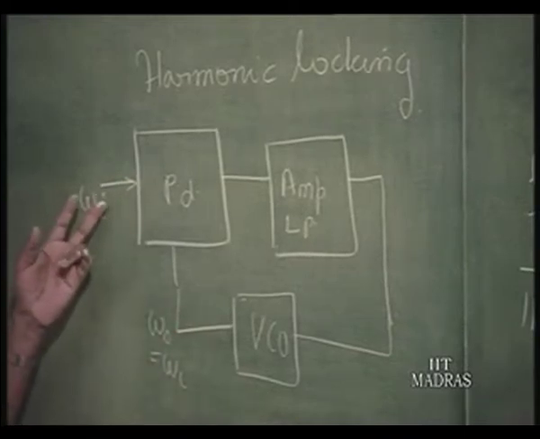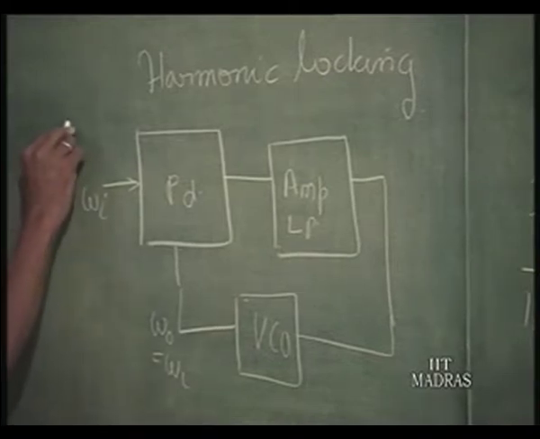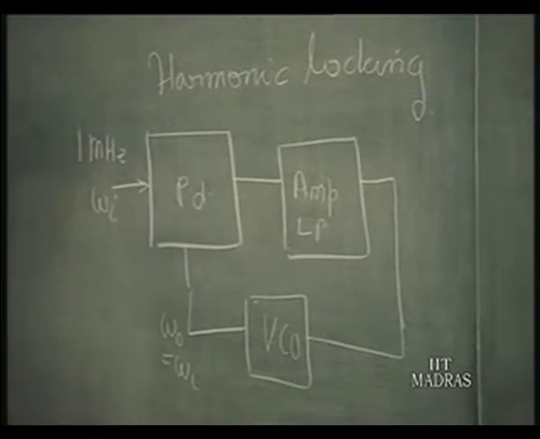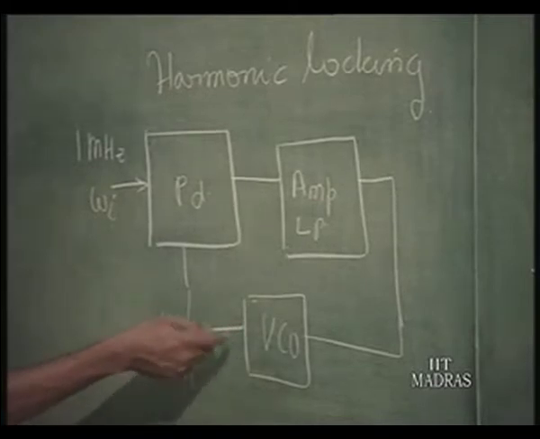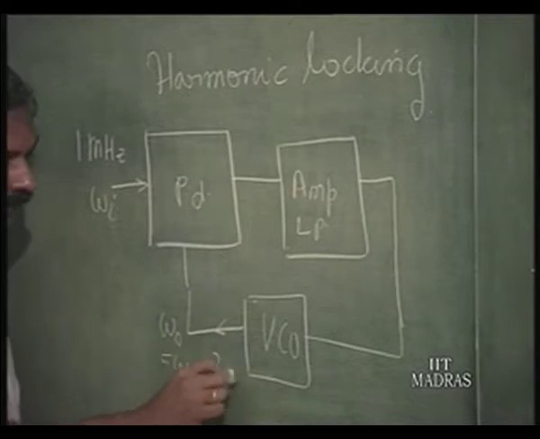So, we can do what is called harmonic locking. What does it mean? If this is, let us say, 1 megahertz, we can have this getting locked to the harmonic of the VCO output, which is 3 megahertz.